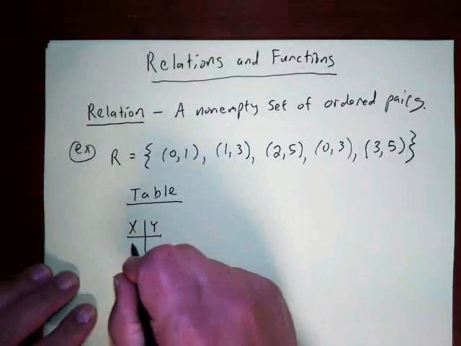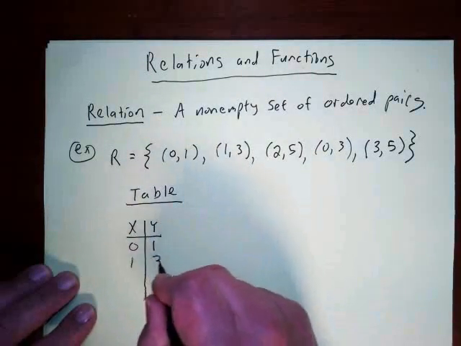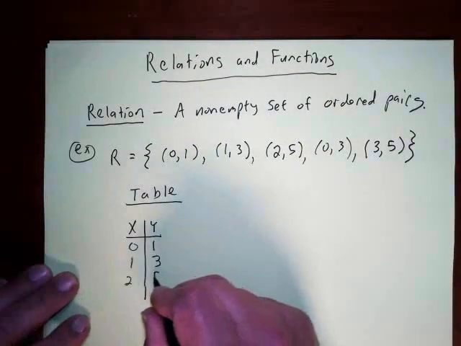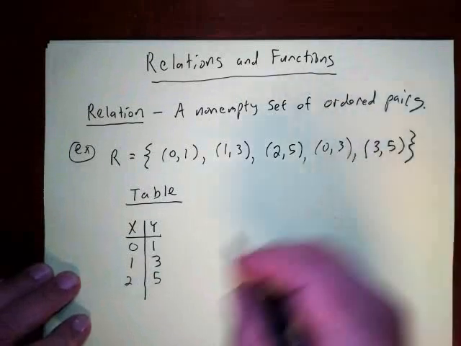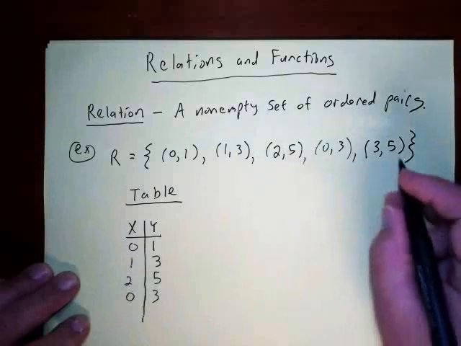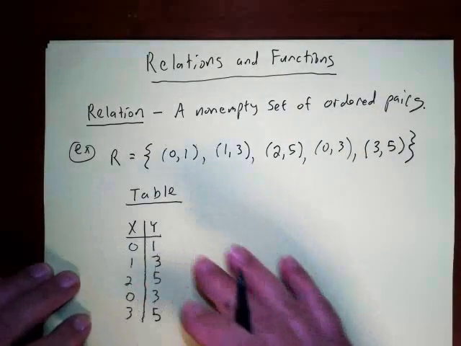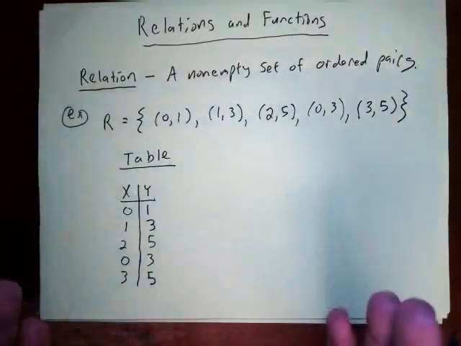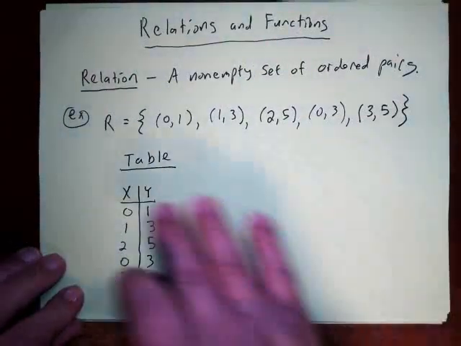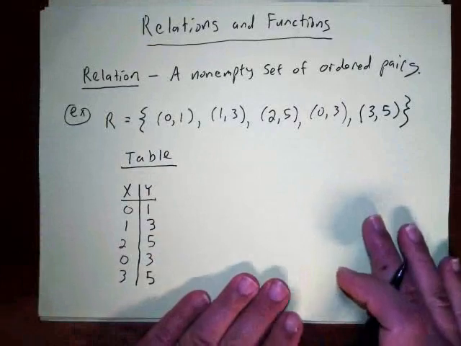It relates 0 to 1, it relates 1 to 3, it relates 2 to 5, it relates 0 to 3, and it relates 3 to 5. And so this table is a way of representing the relationship between the numbers according to this particular relation R.